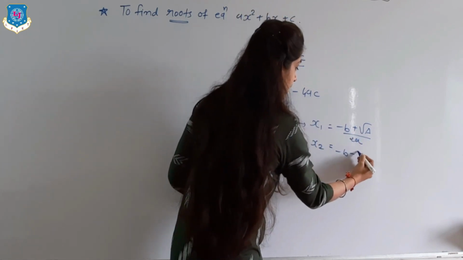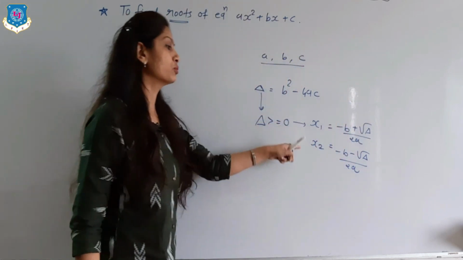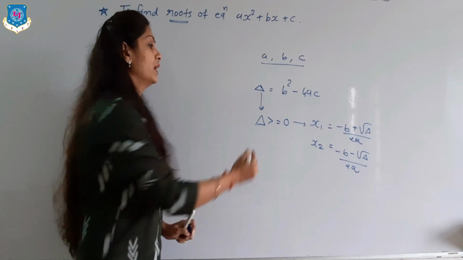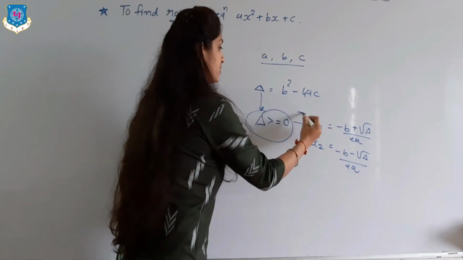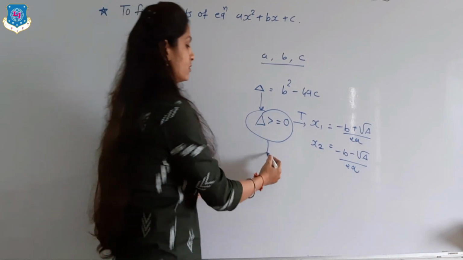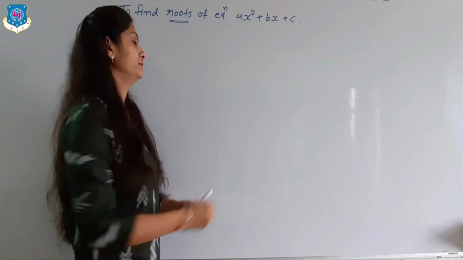Similarly minus b minus under root delta by 2a. These two roots are nothing but our solutions. But if this condition is false, this is true part, and if this condition becomes false, then roots are not possible. Now start with algorithm.